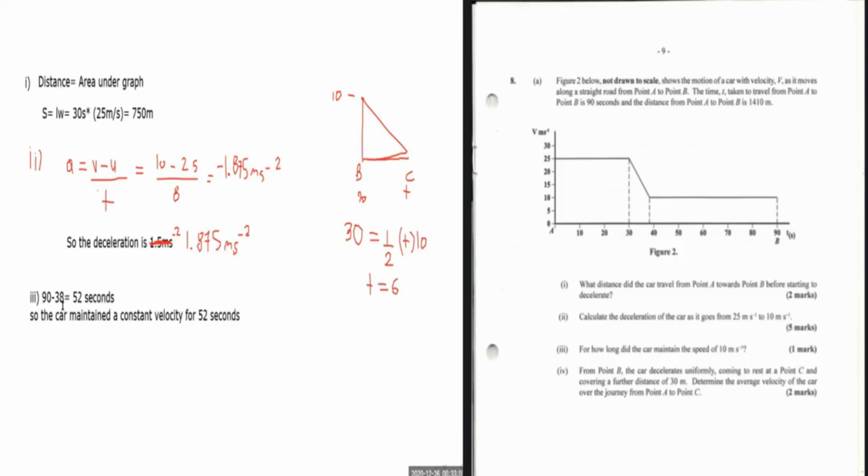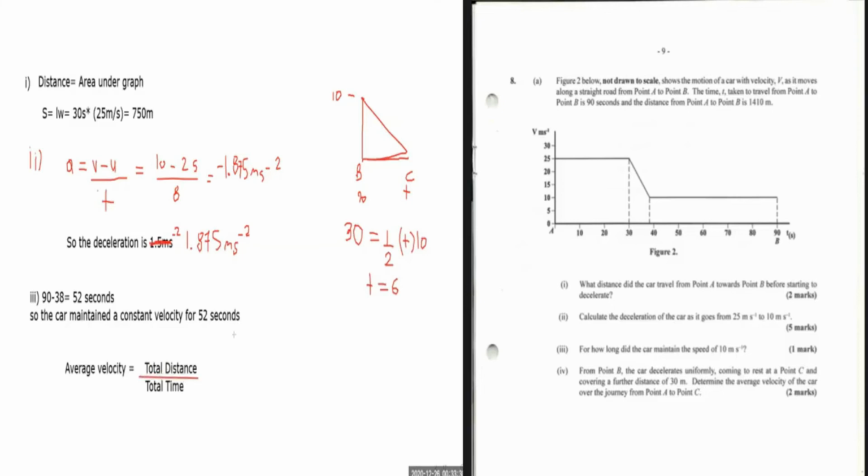And so now we can go ahead and find the average speed. Average speed is total distance divided by total time.